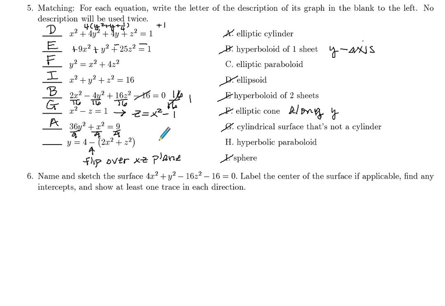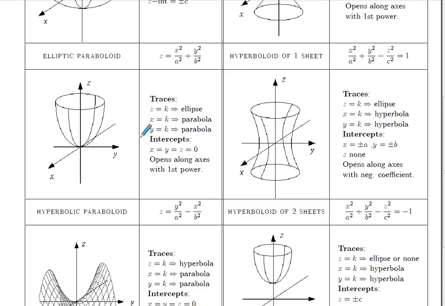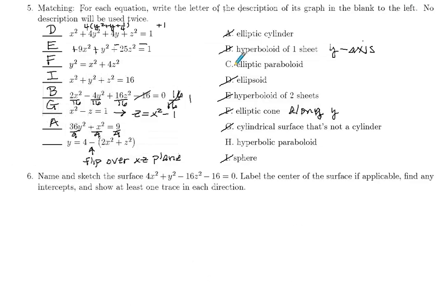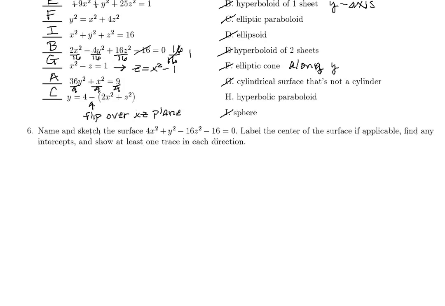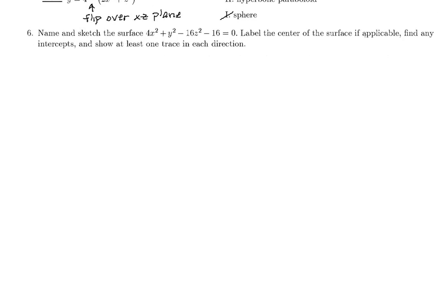But that is an elliptic paraboloid here, which is C. And so the one that didn't get used was a hyperbolic paraboloid, the saddle. So this is just a nice exercise in getting you to identify some of the standard forms there, recognize them, but not have all the work of having to graph everything with traces.